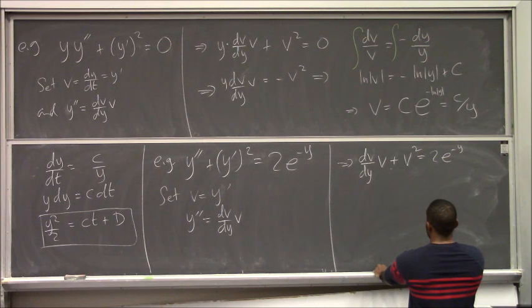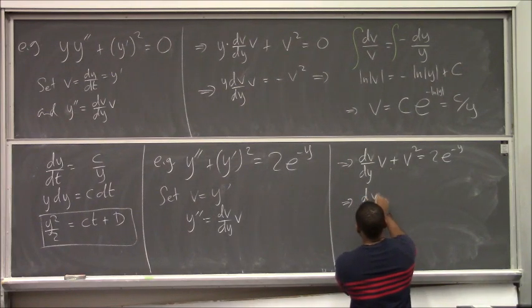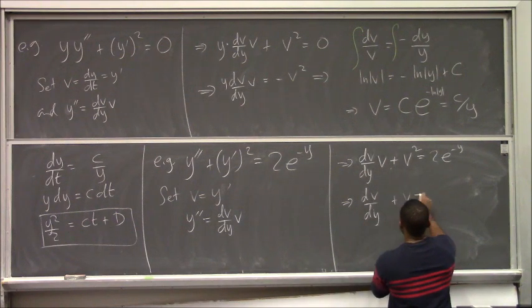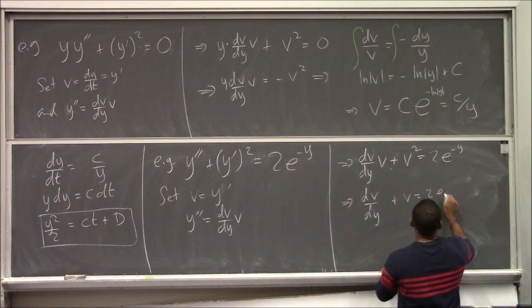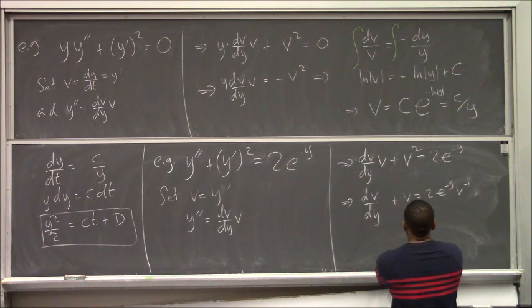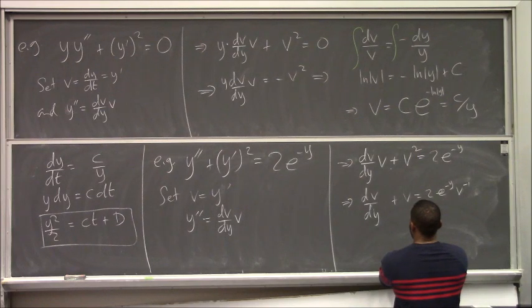Do we divide everything by v? Isn't that the Bernoulli? It does look like it. What did the Bernoulli look like?